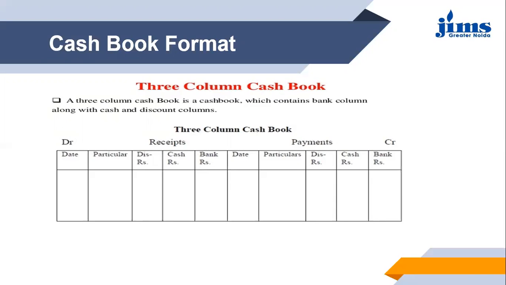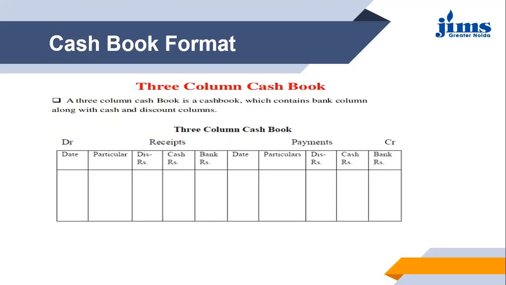Anything which occurs through a cash transaction is recorded in the cash column. Any financial transaction that occurs with the bank is recorded under the bank column, and any cash discount given or received by the business will be recorded in the discount column. So this is the format of a three column cash book.